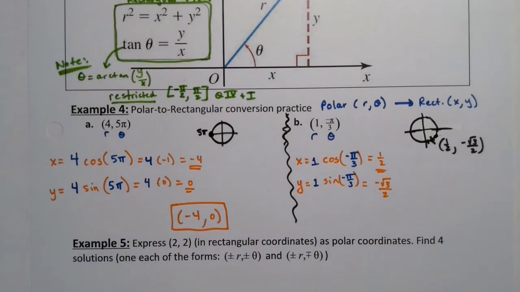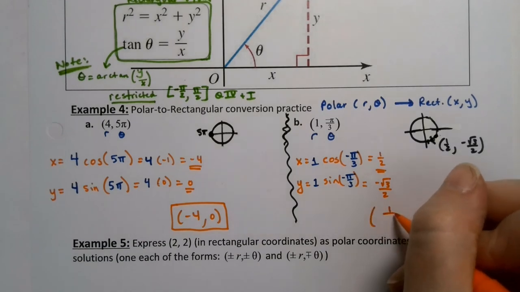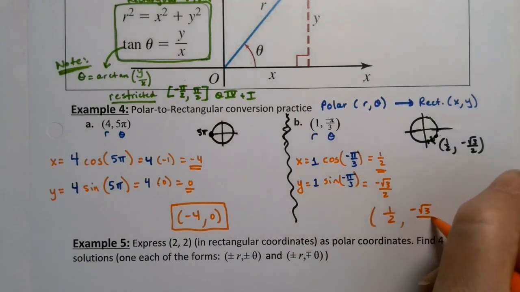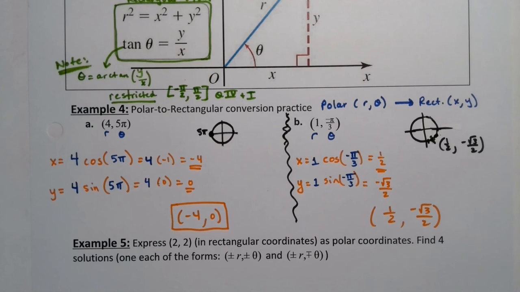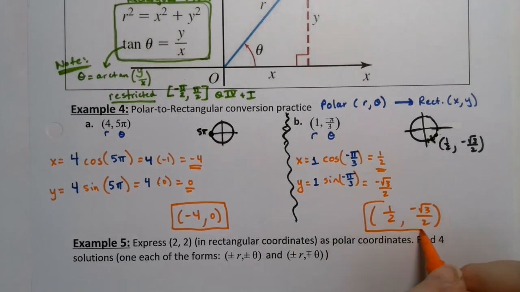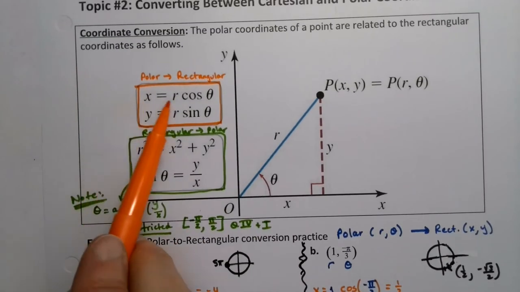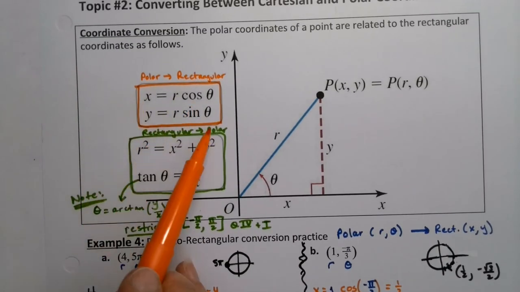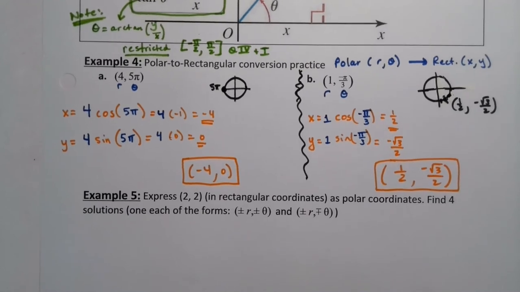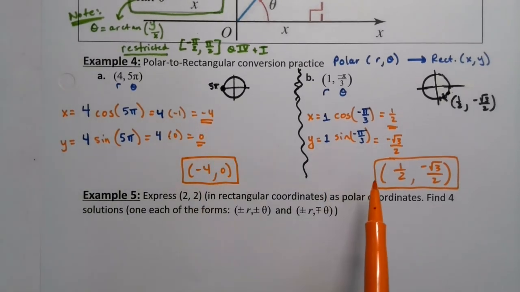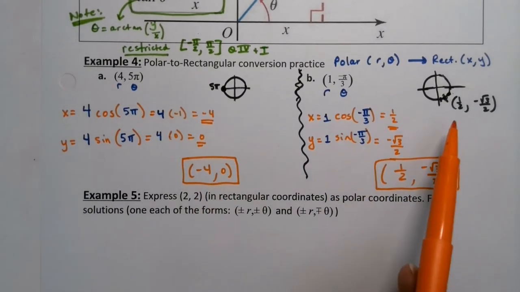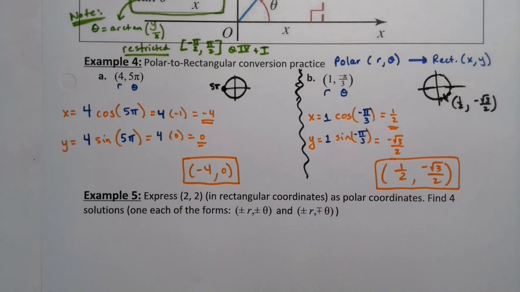So I would argue that that point is (a half, negative square root of 3 over 2). For both of these, I'm using that x is r cosine theta, y equals r sine theta. So going from polar to rectangular, not so bad, right? As long as you know your unit circle, not too terrible.